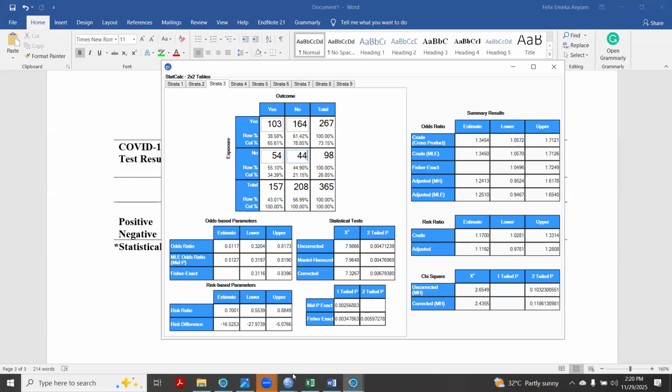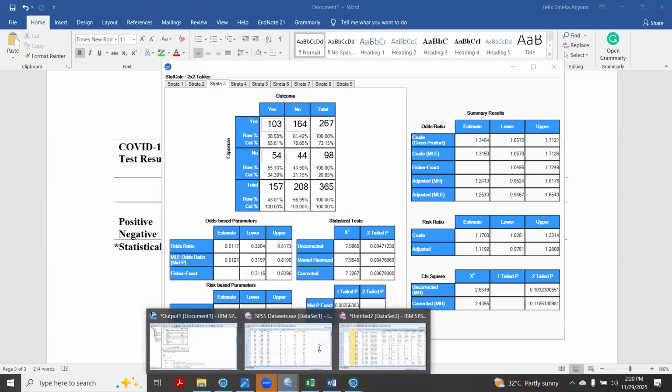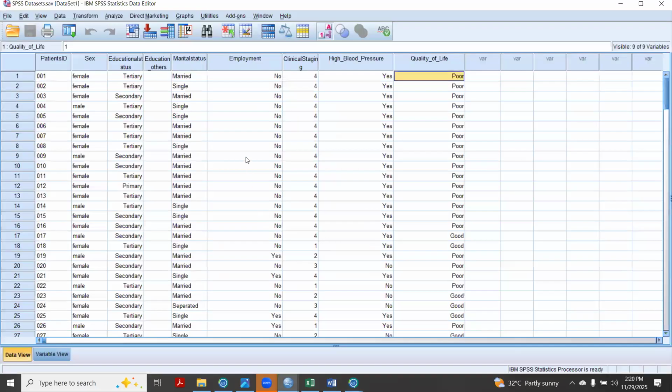But I will just do something quick here. Okay. So I'm going to use this data to do the unadjusted odds ratio and the adjusted. The only difference is that the unadjusted, also called crude, is the one where you're not testing for confounders.